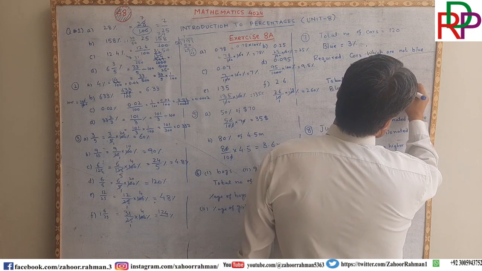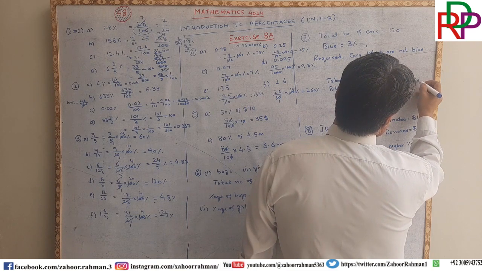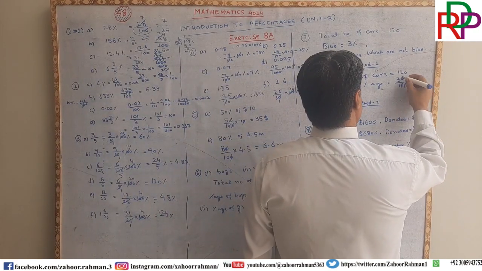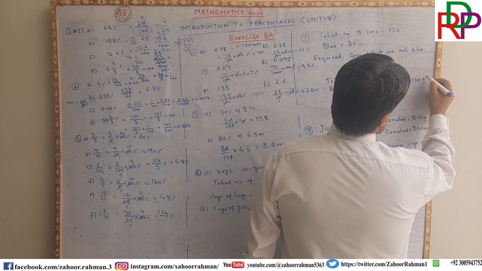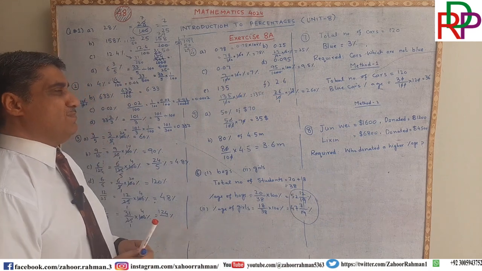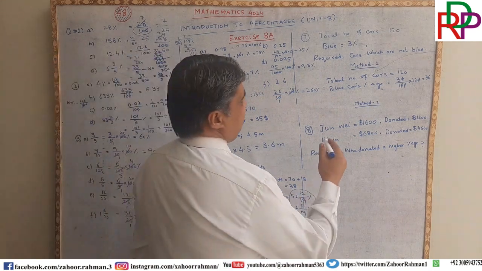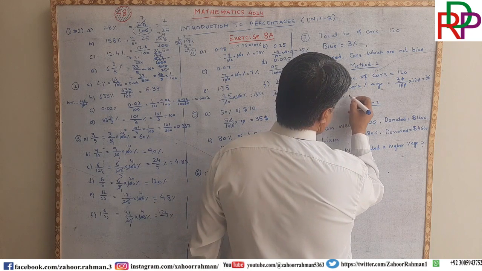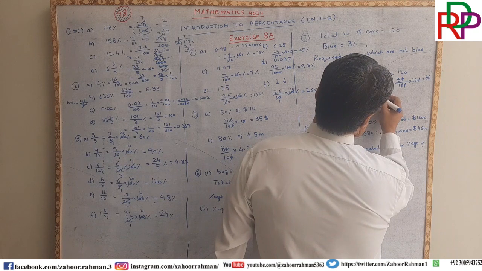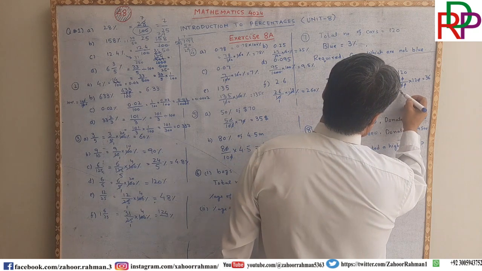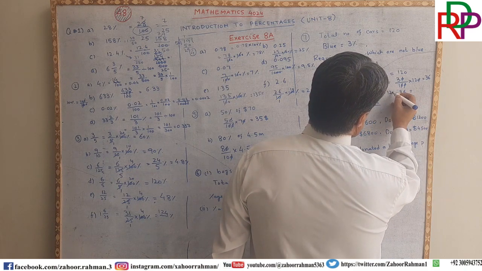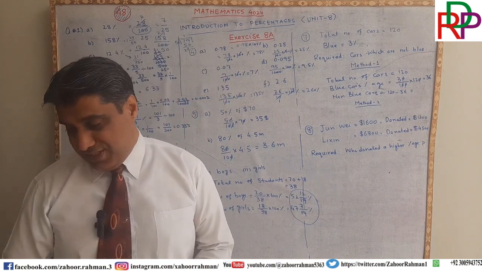So 30% of 120. That 0 and this 0 will be cancelled. 36 cars will be blue, and non-blue cars is equal to 120 minus 36.